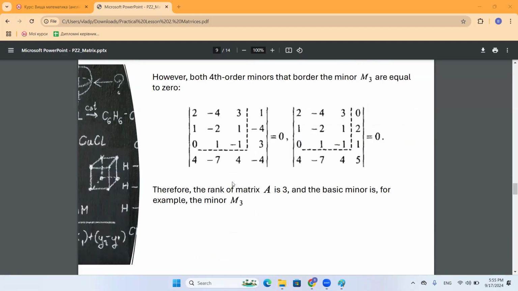You remember how to calculate determinants of the fourth order.